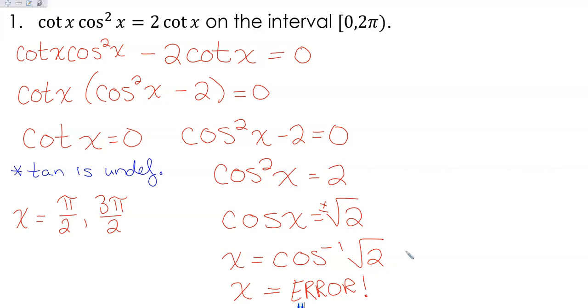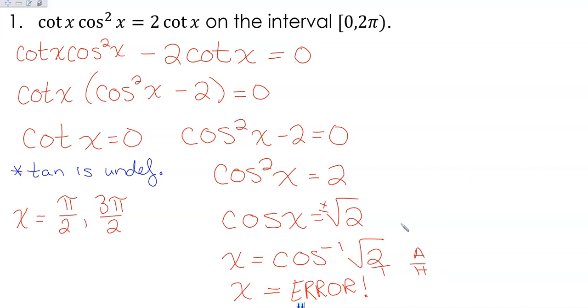Okay, the reason being, this is over 1, right? Cosine is adjacent over hypotenuse. And I want you to think, are you allowed to have a hypotenuse that is shorter than your legs? And no, okay?